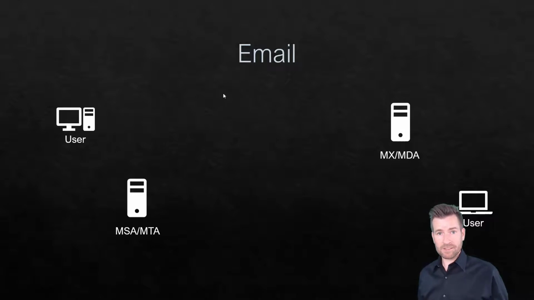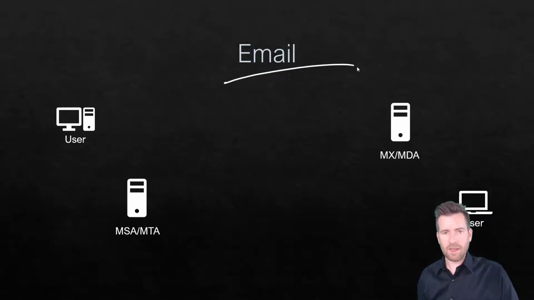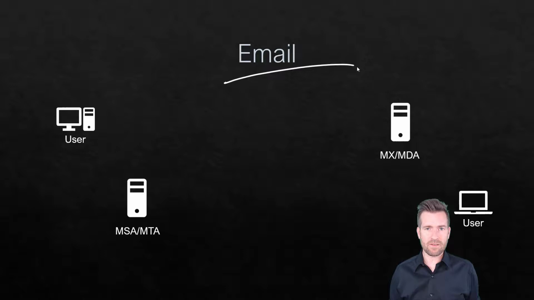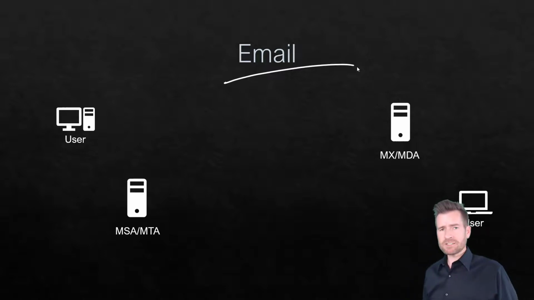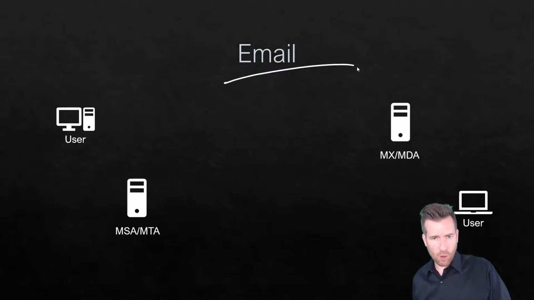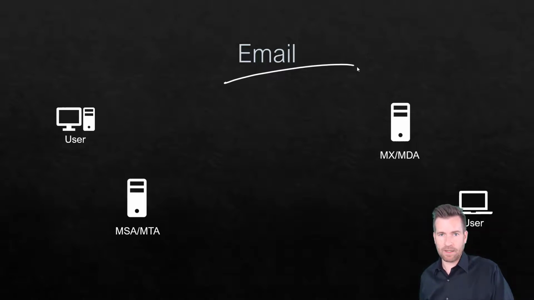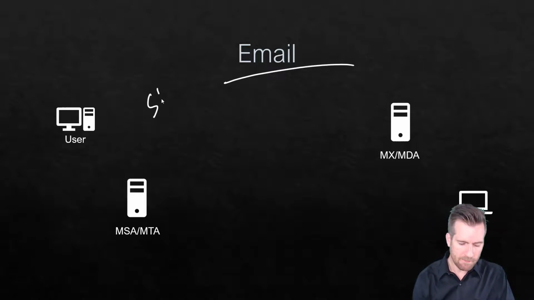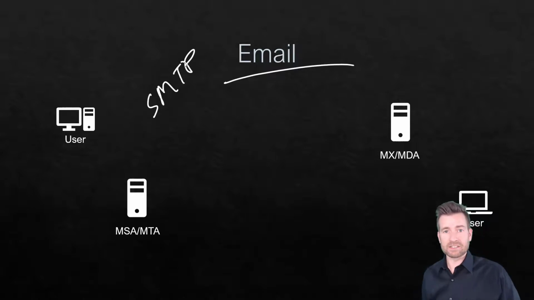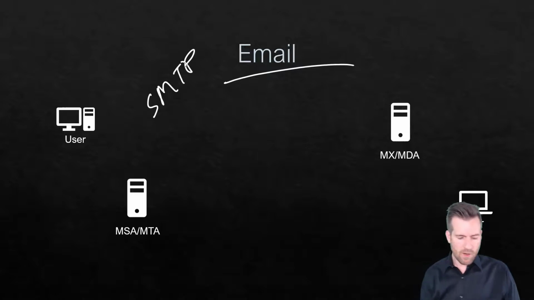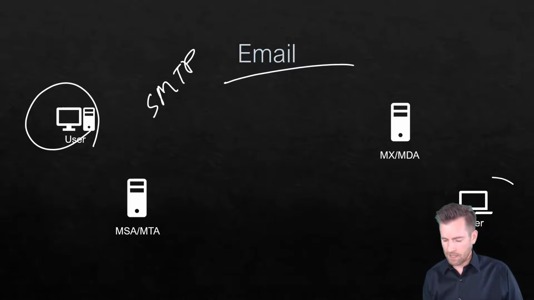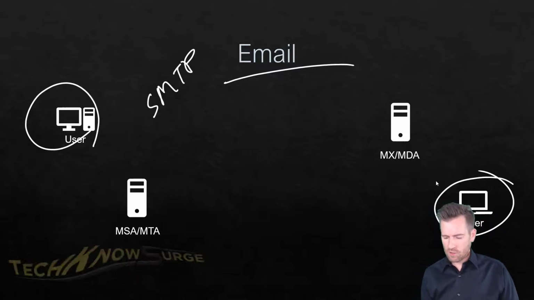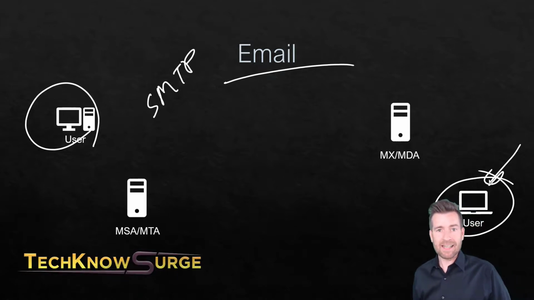Another very popular service out there is obviously email, used to send messages and files back and forth. Email is not a protocol in itself, but there are multiple protocols that allow this to happen. One example is Simple Mail Transfer Protocol, which allows us to send mail. SMTP sends mail. So you have a user here that wants to send mail to another user, and that user may or may not be online.